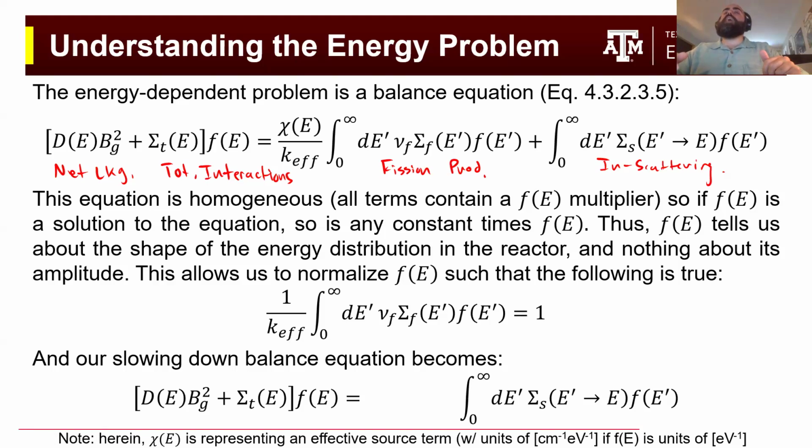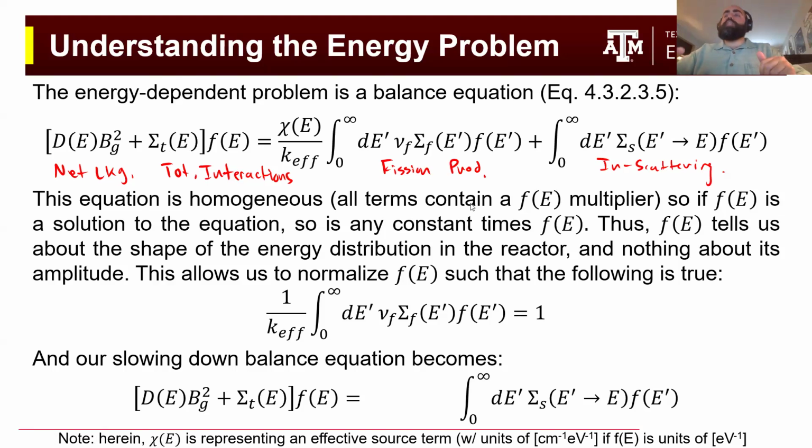Technically, any interaction could knock the neutron out of our energy E. The obvious way is that if this is an absorption, any absorption is going to knock a neutron out of our group. So it's basically just any interaction that results in the neutron being knocked out of the energy group E.